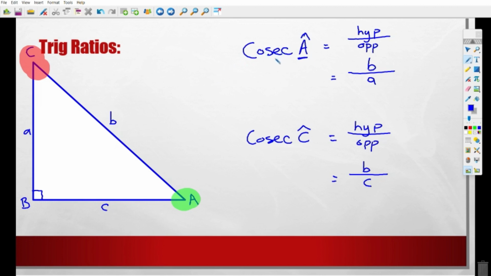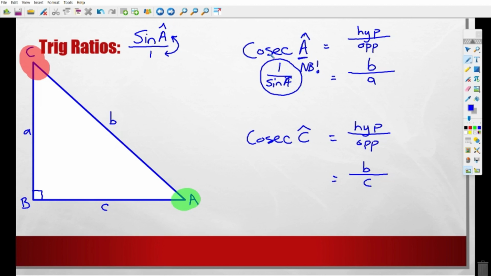If cosec is the reciprocal of sine, then if I have sine of A, which is sine of A over 1, the reciprocal is 1 over sine of A. You're going to need to know that as well, NB.